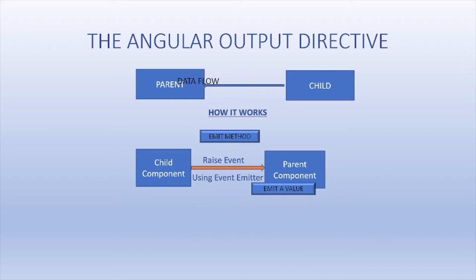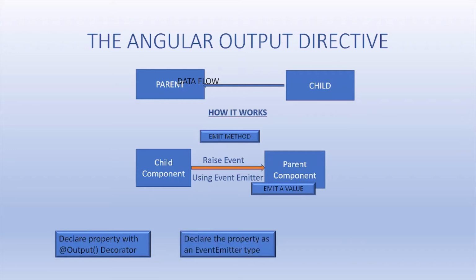To sum up then, with the output directive, we would have to declare a property decorated with the output decorator and also declare that property as an event emitter type. Once we declare the property as an event emitter type, what we are actually doing is creating an instance of the event emitter class.